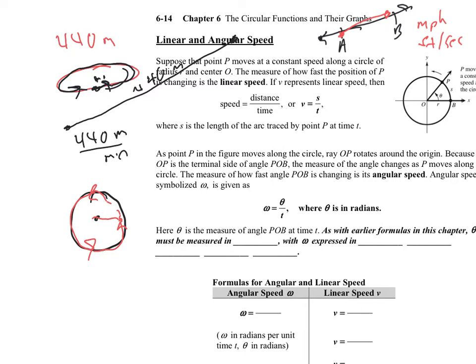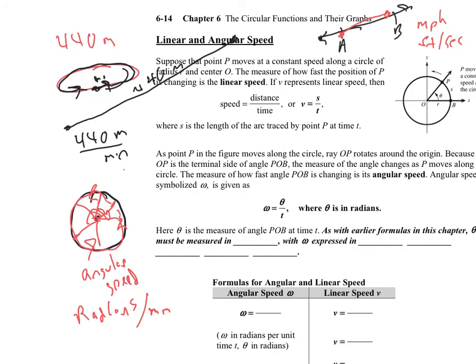As you were running, the angle opened up, and opened up, and opened up, you see? So you also have angular speed. That would be measured in radians or degrees per minute, since we were doing minutes there.